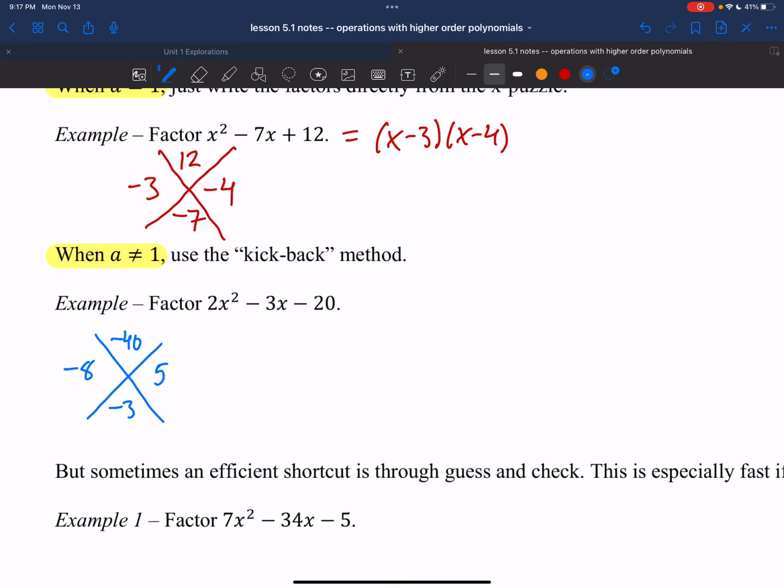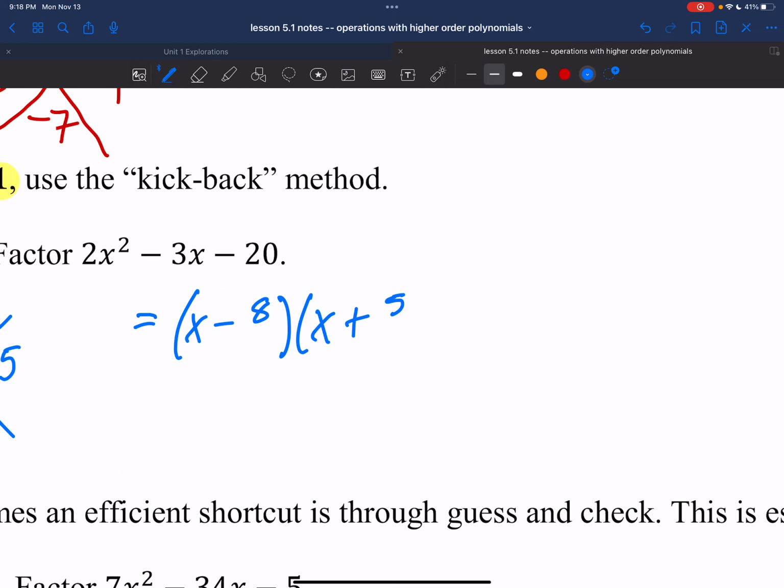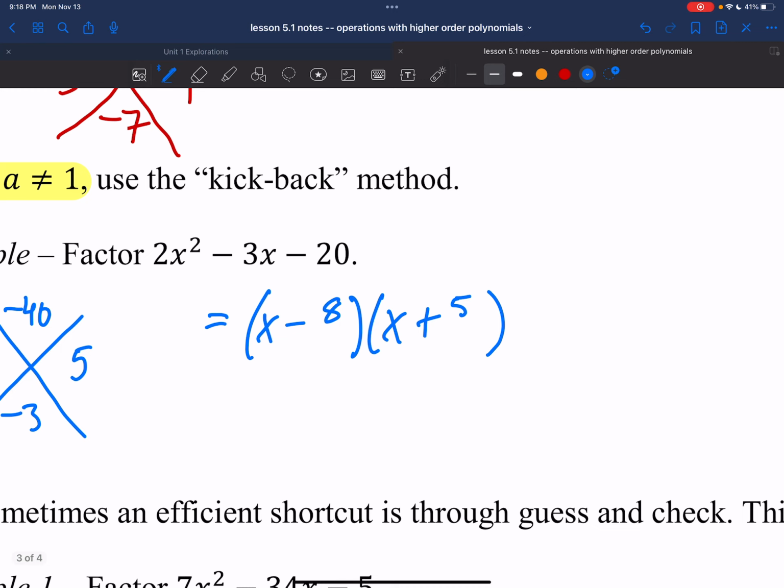The kickback method suggests you just write it like you did in the first shortcut method, like x minus 8 and x plus 5. But because a is not 1, you're not going to leave it as x minus 8 and x plus 5, because notice, x times x is x squared, not 2x squared. 8 times 5 is negative 40, not negative 20, right?